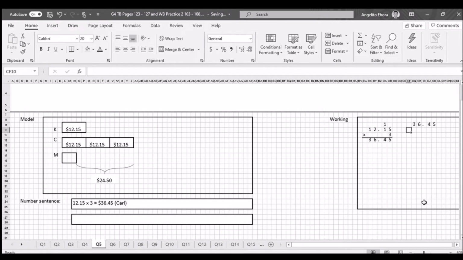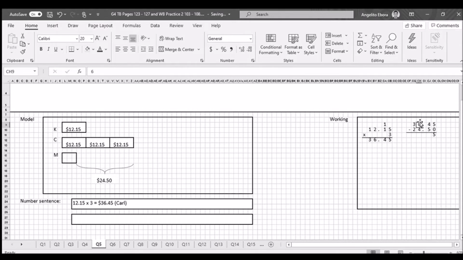$36.45 minus $24.50. Okay, so 5 minus 0 is 5, 4 minus 5 cannot, so we have to regroup this.